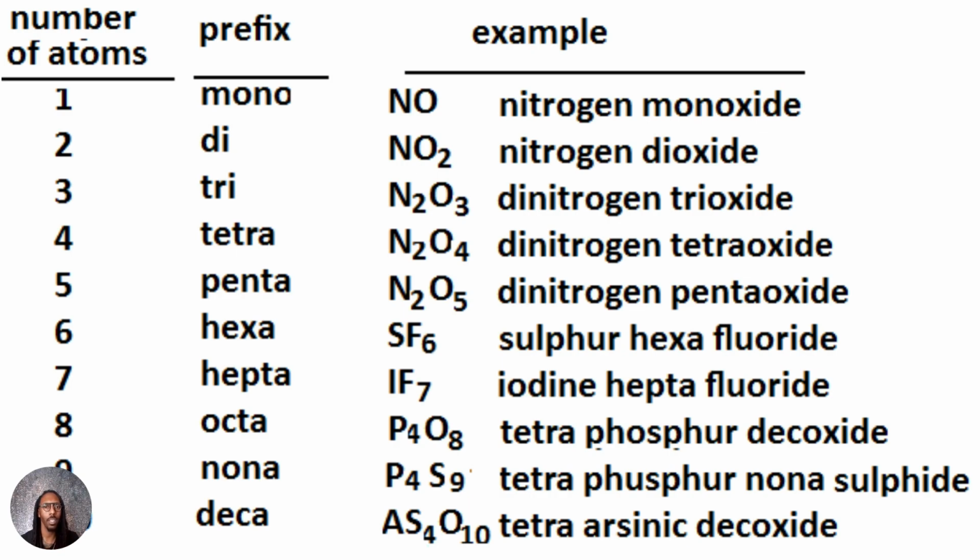The 2 is just letting people know there are 2 nitrogens, y'all. Second element, oxygen, changes to oxide, and then to let people know there are 3 of them, we have trioxide. And this is the same format for all of these, from 4 to 10. Tetra.